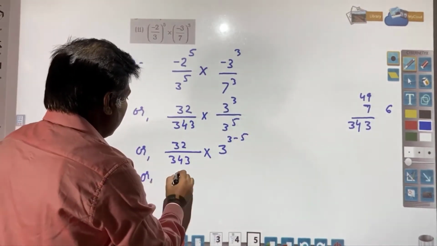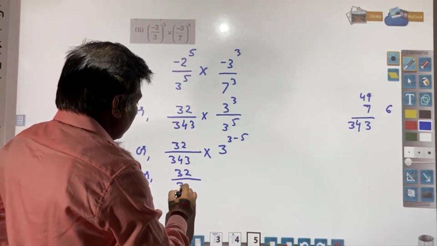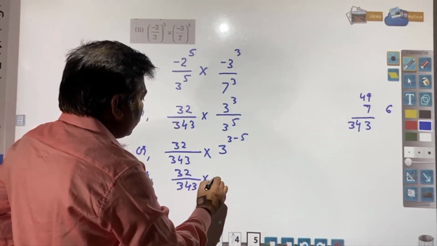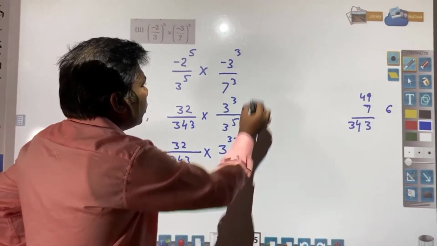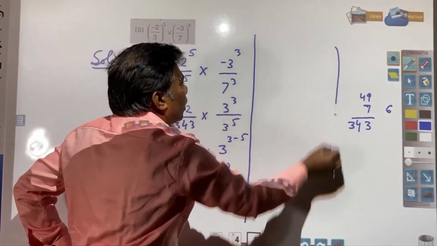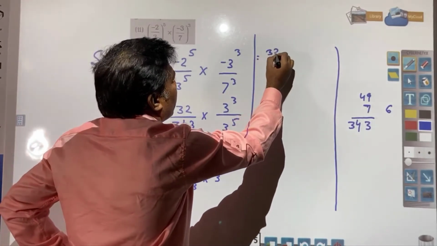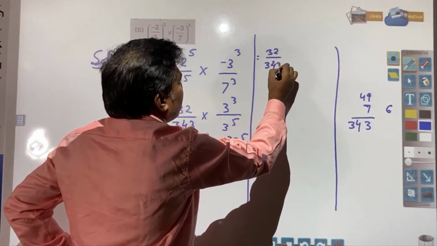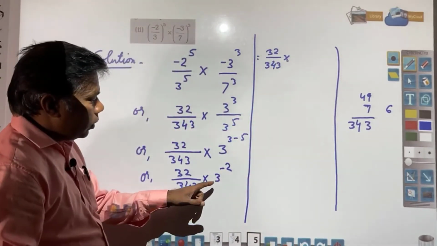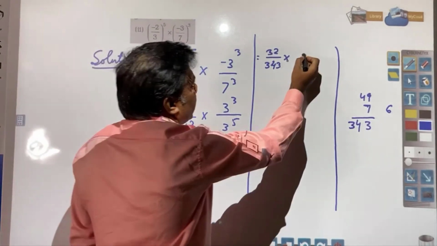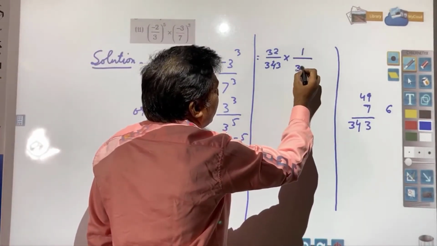So this will be 32 by 343 into 3 to the power minus 2, which will be written as 1 by 3 to the power 2.